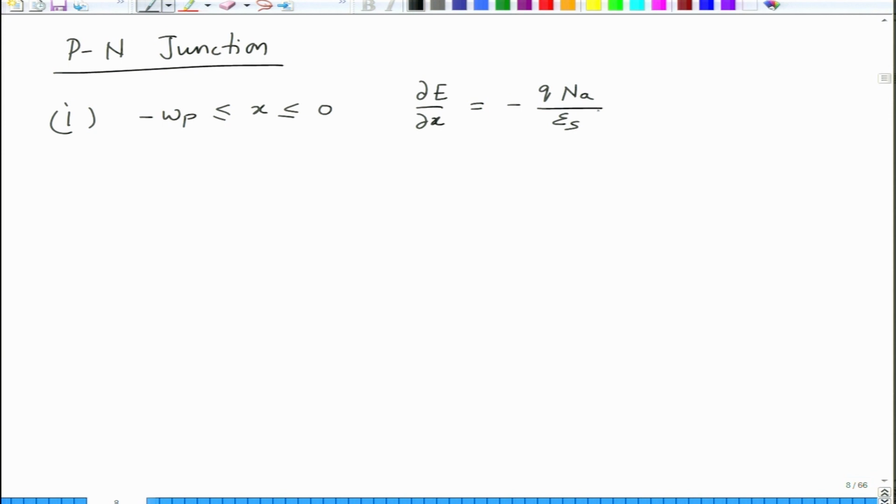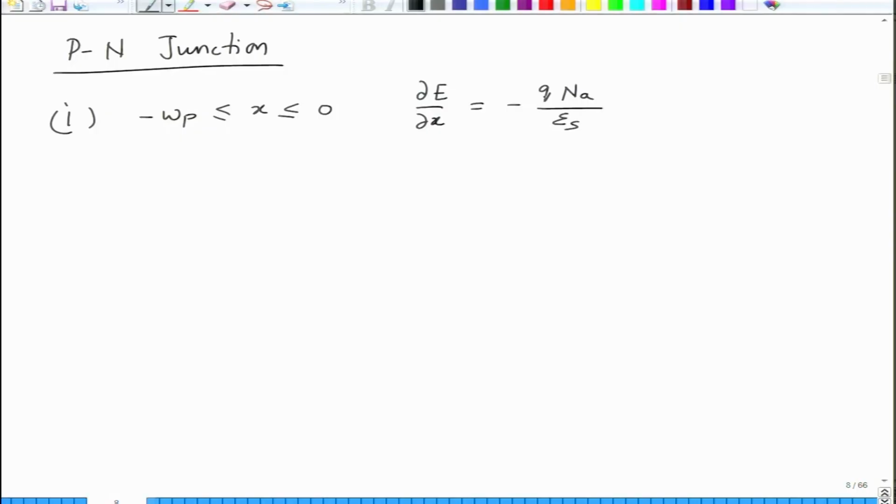So, rho will be minus q into N_A. N_A is the acceptor ion density, whatever acceptor ions are there within that region, into q the electronic charge, and since they are negative charges, we have added a minus here, divided by epsilon S.